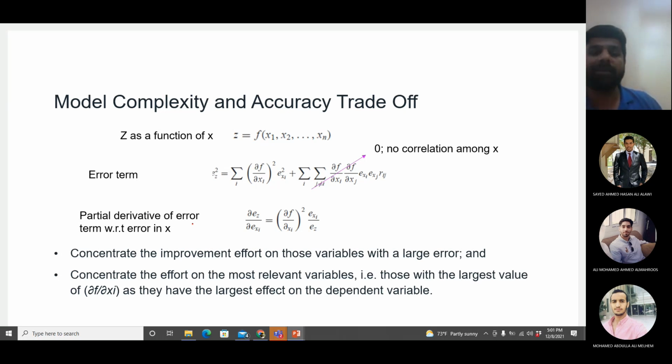So for example, you want to calculate an equation for z. z is anything, an output, and it depends upon the values of x. So you have a number of x parameters which can help you to predict the value of z. Now if you want to calculate the error term for this equation, for calculating the error term, we use this equation.